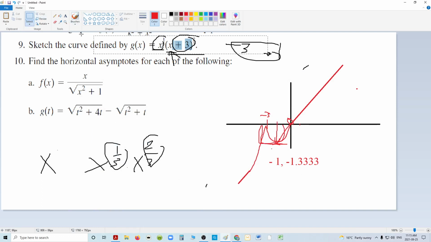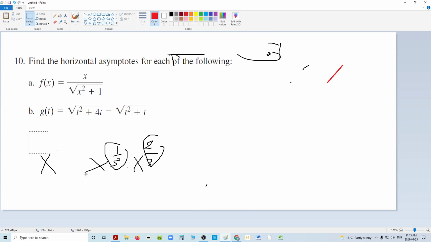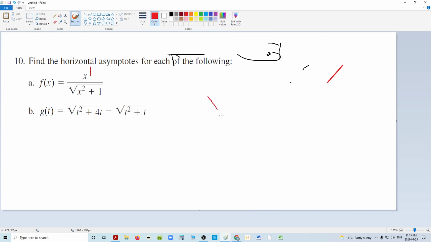Next one, find the horizontal asymptotes. Horizontal. Okay. This is to the 1. And what is essentially x squared square rooted? It's x. Now, that's really interesting.